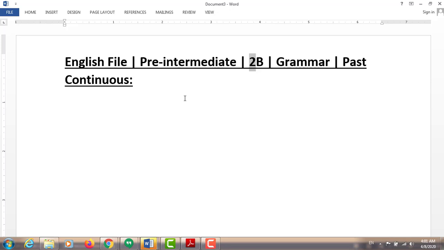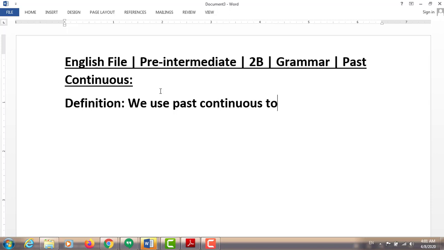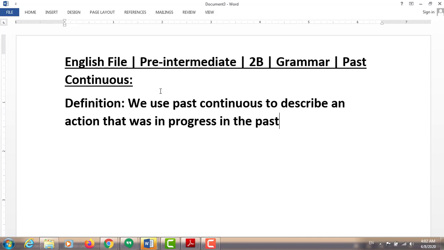So what do we do? The definition: we use past continuous to describe an action that was in progress in the past at a specific time.